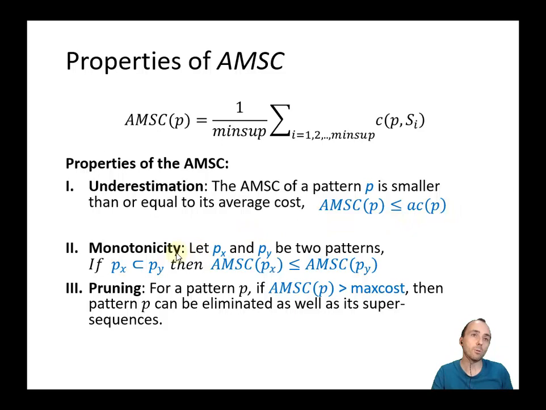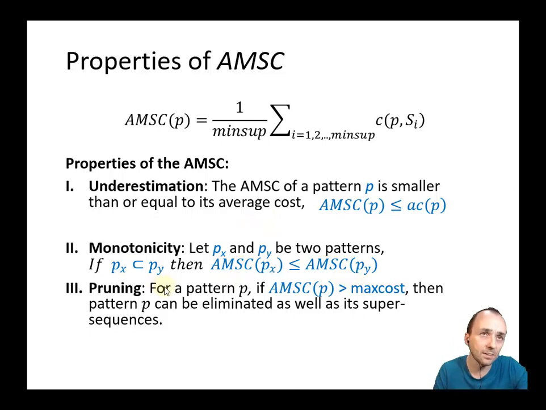Another important property is the monotonicity. If you have a pattern like AB that is a subset of another pattern like ABC, you know that the AMSC of the smaller pattern must be smaller or equal to that of the super pattern like ABCD. So if you have a super pattern, its AMSC must be greater or equal to that of the sub-pattern.